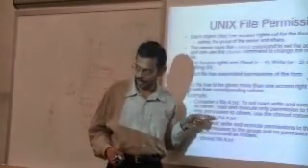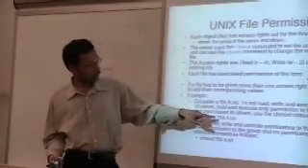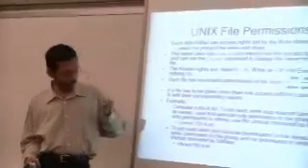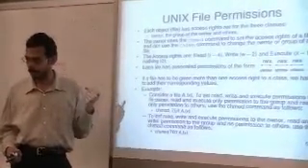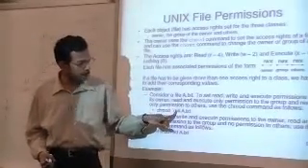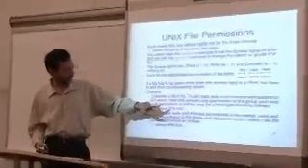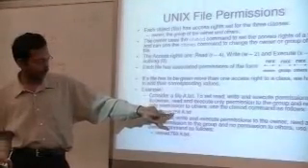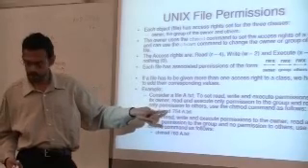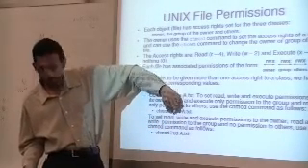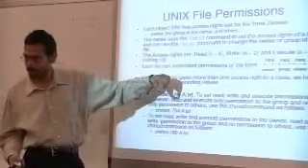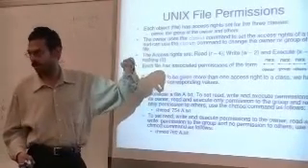So how to come up with these numbers? Let's say the file name is a.txt. Let's say I want to have all three, read, write, execute, on that file for the user or the owner, and then read and execute permission for the group, and just a read permission for others. So they are in this order. The first number represents the permissions for the owner, the second number represents the permissions for the group, the third represents the permissions for the others.